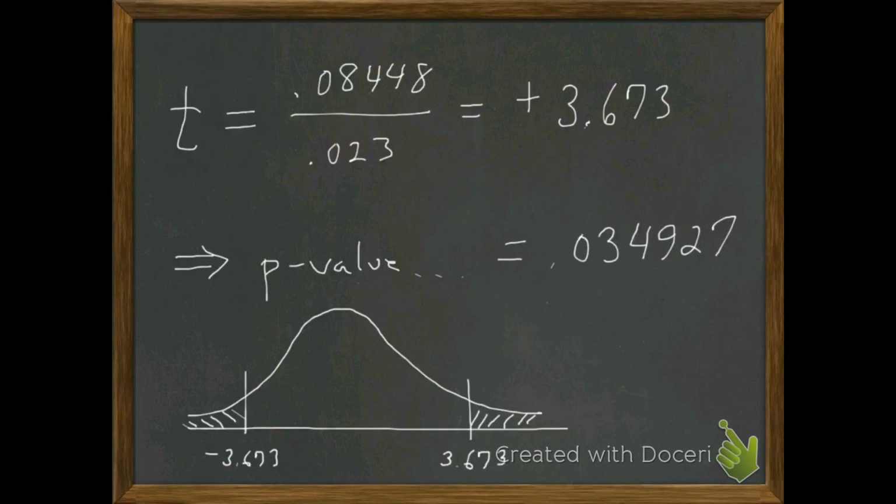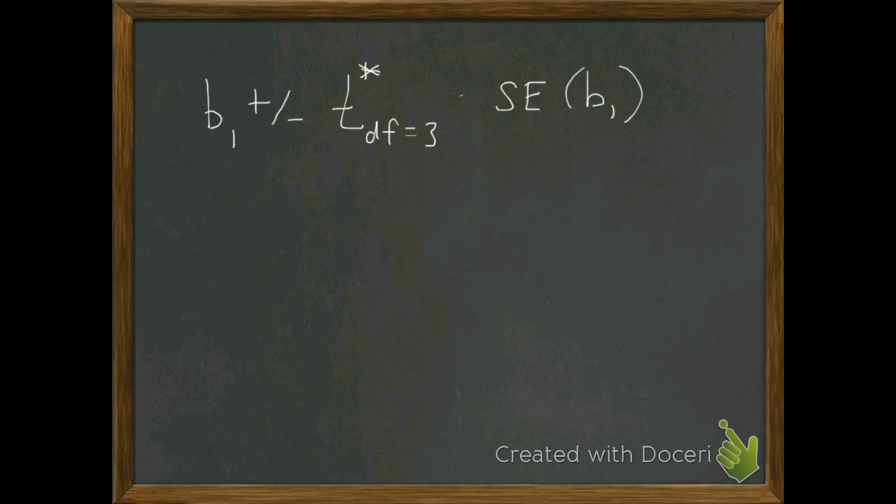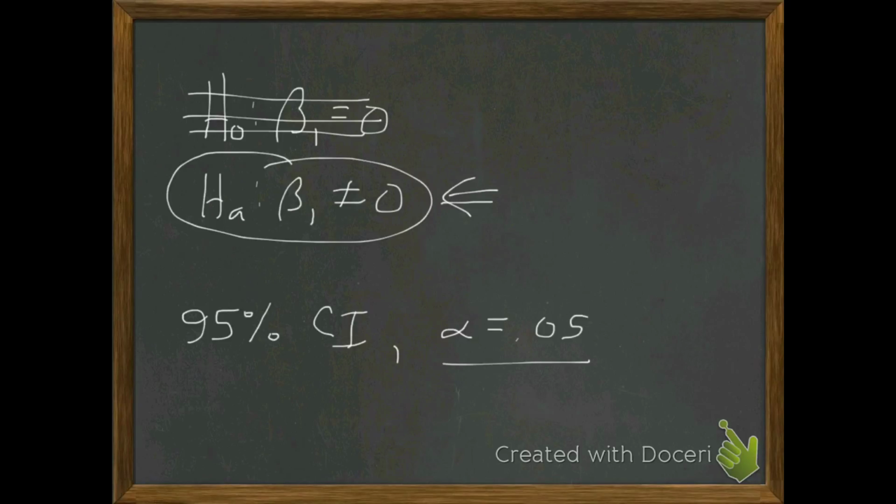Again, we have B1 plus or minus our t critical, with degrees of freedom 3, times the standard error for B1. We know our B1 is 0.08448, plus or minus our t critical, which we'll get in just a second, times our standard error, 0.023. Michael Jordan, 23, for some reason.